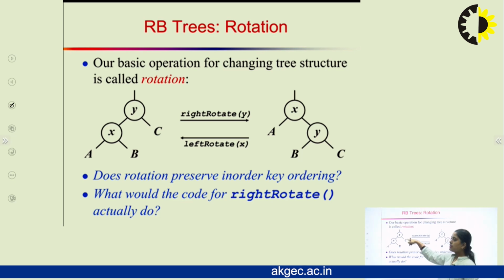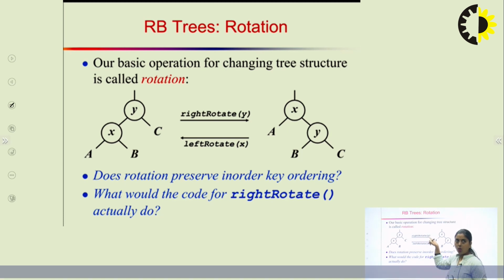So what is the rotation actually? Suppose this is node Y and this is node X, maybe with some subtrees or maybe not. We have to apply a right rotate around Y.